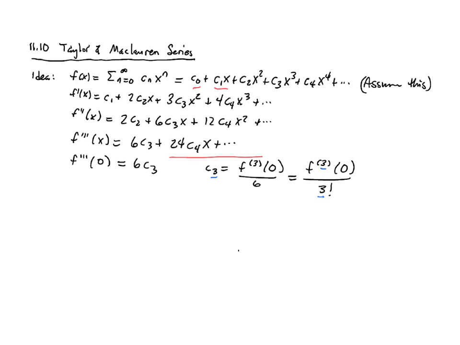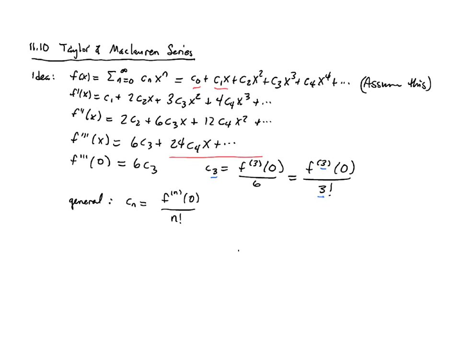So what we find in general, using this technique, is that when the function is represented by this power series, the nth coefficient can be written as the nth derivative of the function evaluated at 0 divided by n factorial.